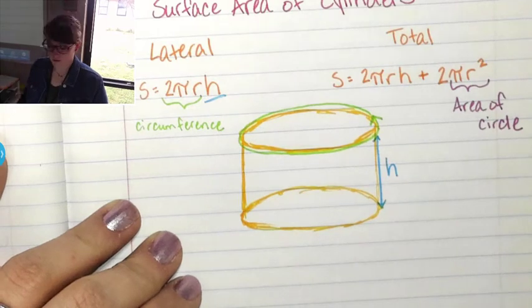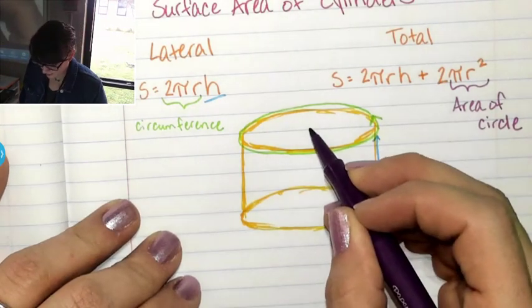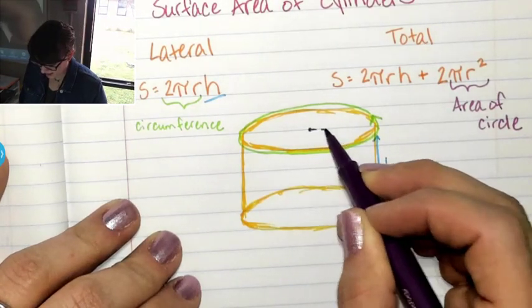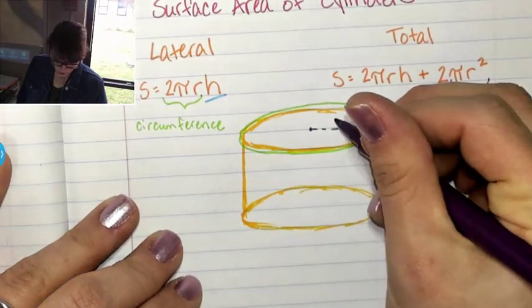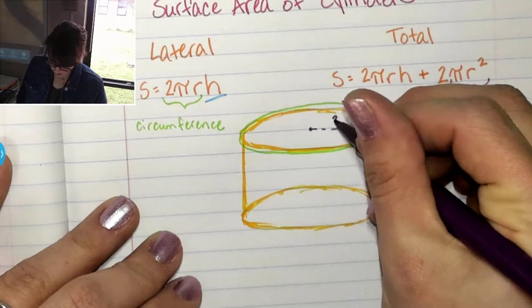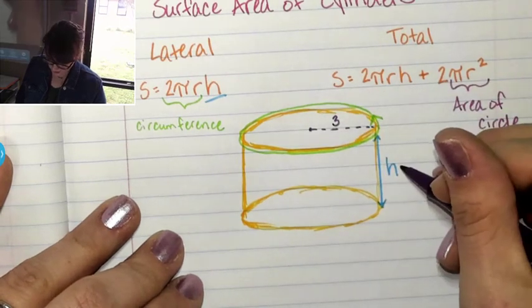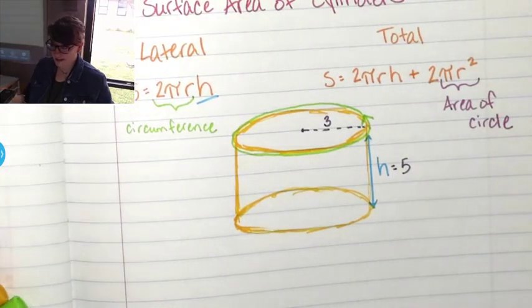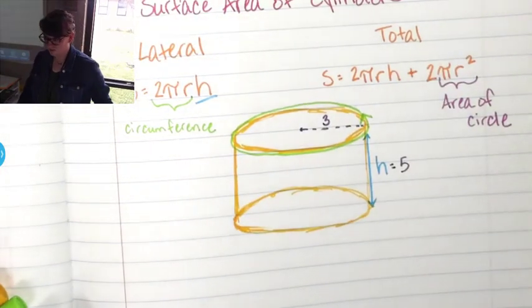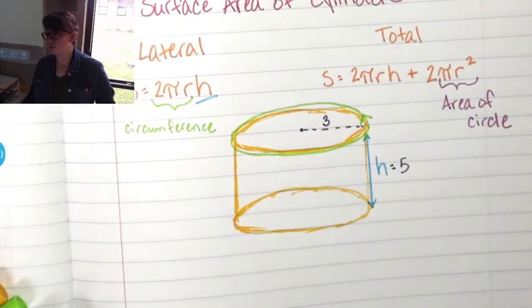So we got to double it. Now, radius is from the middle to the outside edge. If we said the radius for this circle was 3, and the height was 5, that's all you need to solve this problem, which is kind of cool. You only need those 2 numbers.